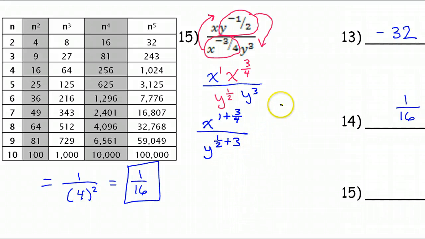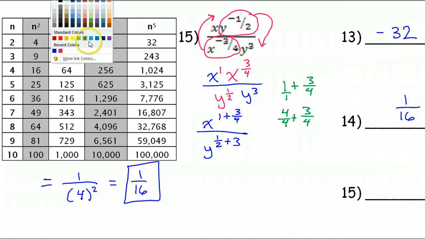Okay, so I'm going to do that calculation off to the side. So 1 plus 3/4. I'll do that right here. If I want to do 1 plus 3/4, one way to do that is I need like denominators. So this is like 1 over 1, which is the same thing as 4 over 4. I did that to get the denominators of 4. So this is 3/4.